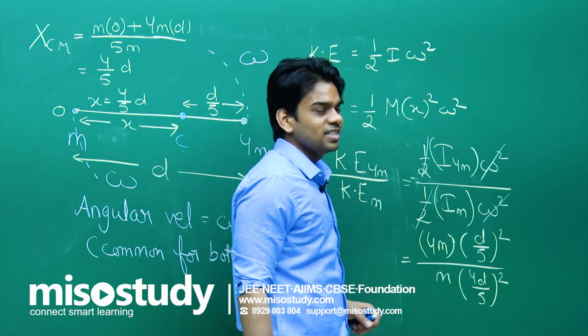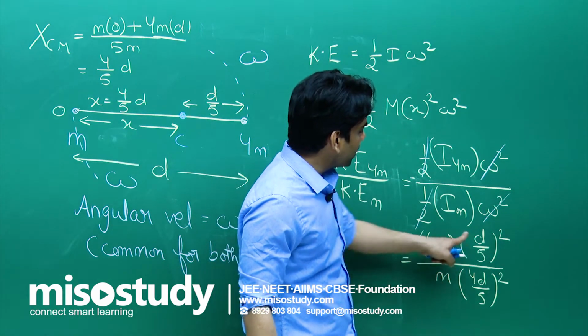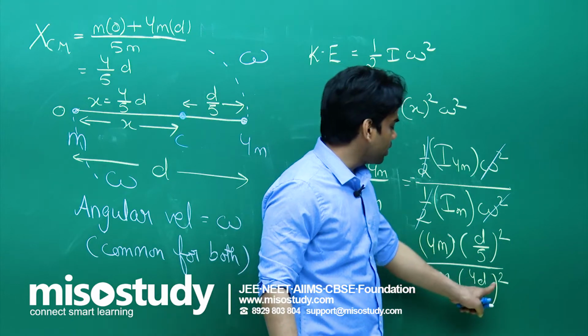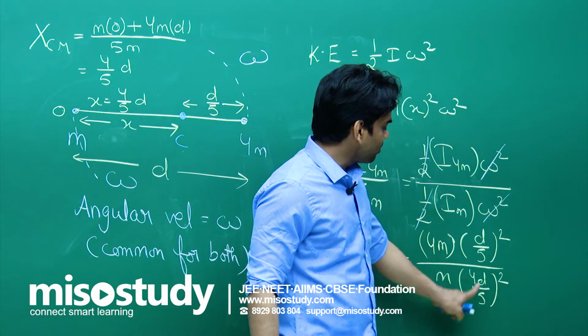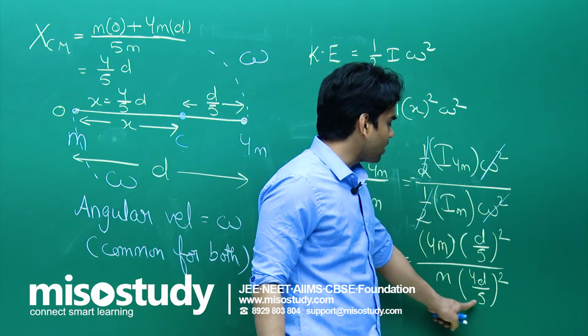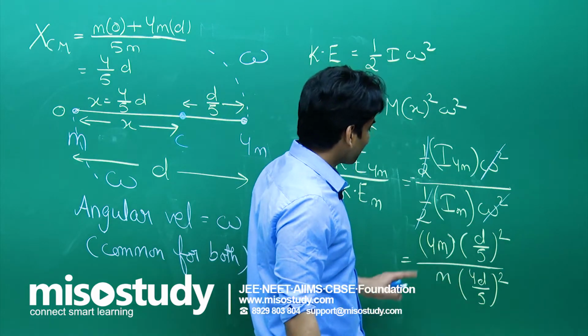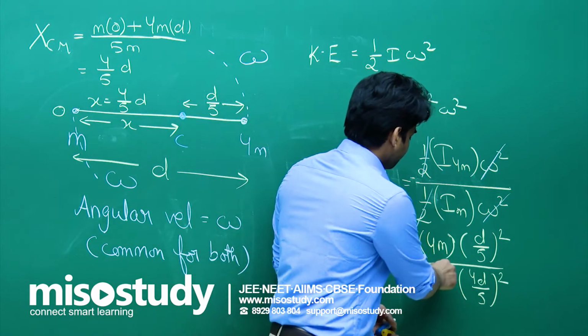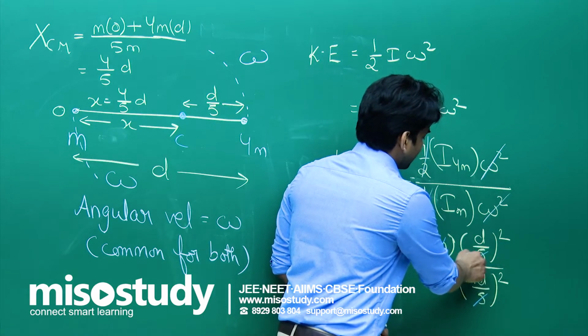This is what we can easily see. Now you see here 4m d by 5 whole square and here m 4d by 5 whole square. The 5 here and 5 here will be cancelled out. Both are in square, they will be cancelled out, and m will be cancelled out. Easily you can check that these terms will be cancelled out.